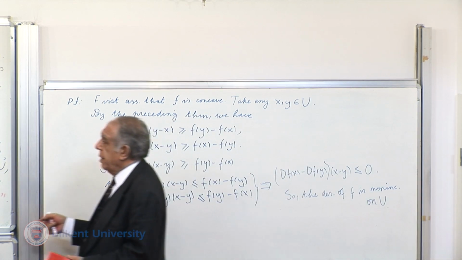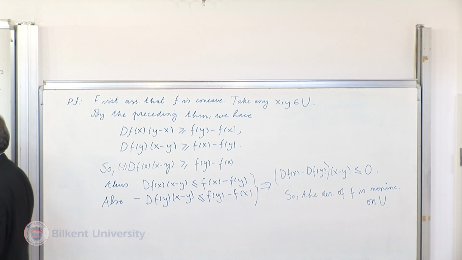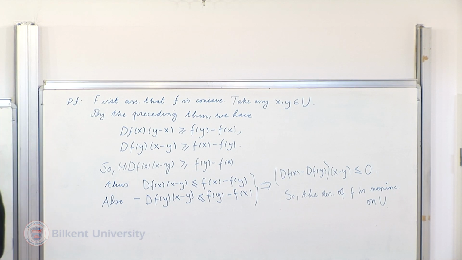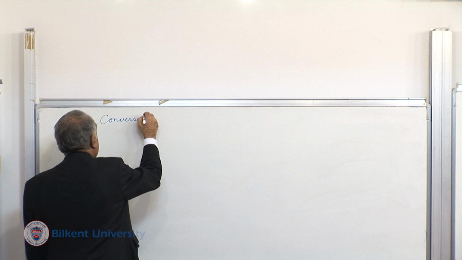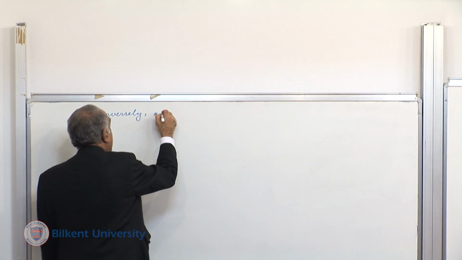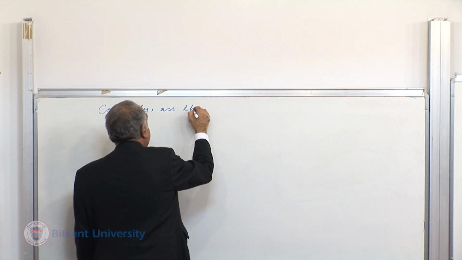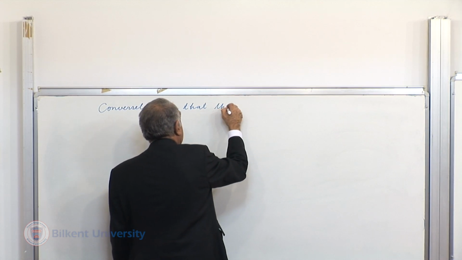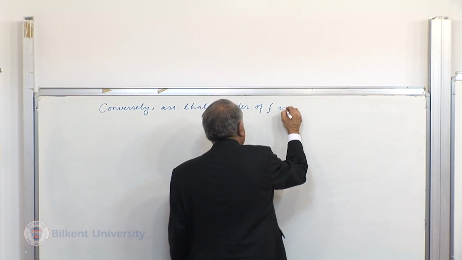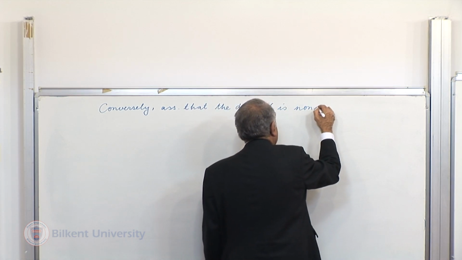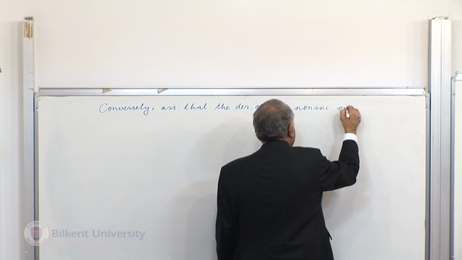Now let's consider the if part. Let's assume that the derivative of f is non-increasing on u. That should imply concavity. Conversely, assume that the derivative of f is non-increasing on u.